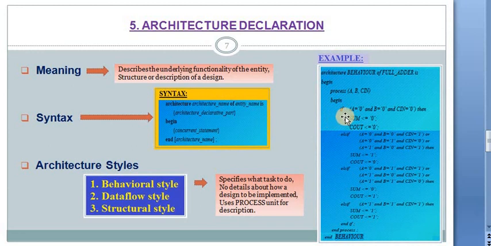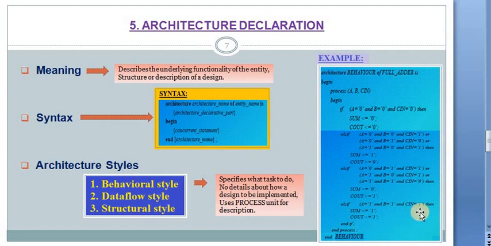The logical equations are defined for sum and C out for performing the logical execution of the code, and after that all the possible logical algorithm statements of the full adder are applied. The architecture is closed then for the full adder. In this way, this behavioral style of architecture is declared inside the code.